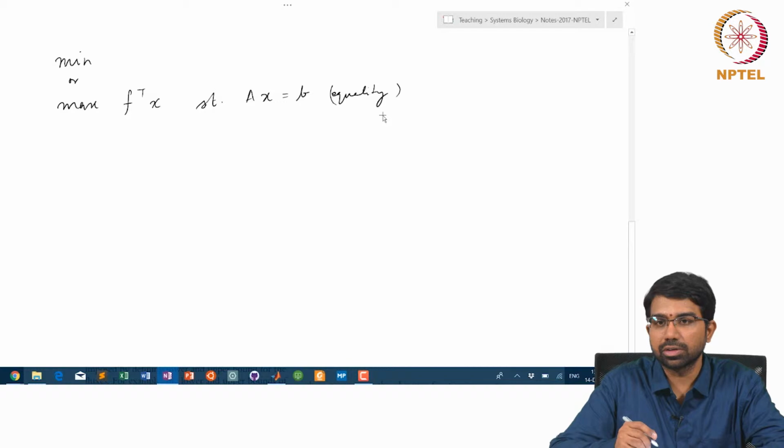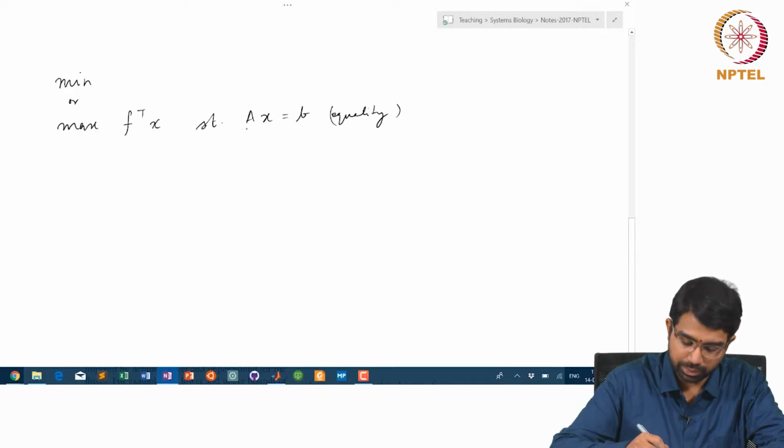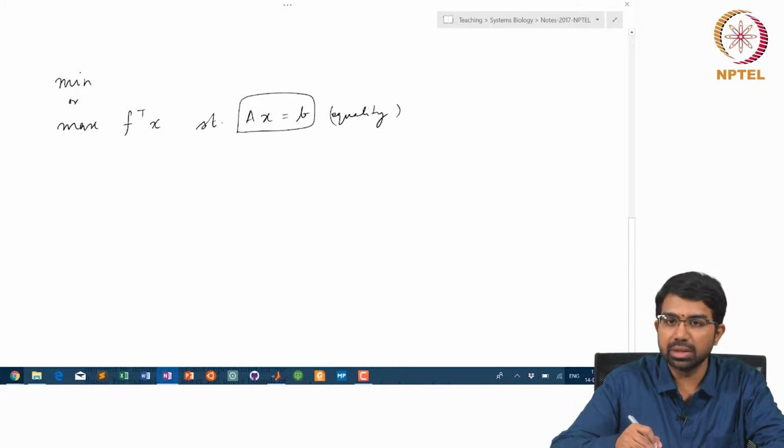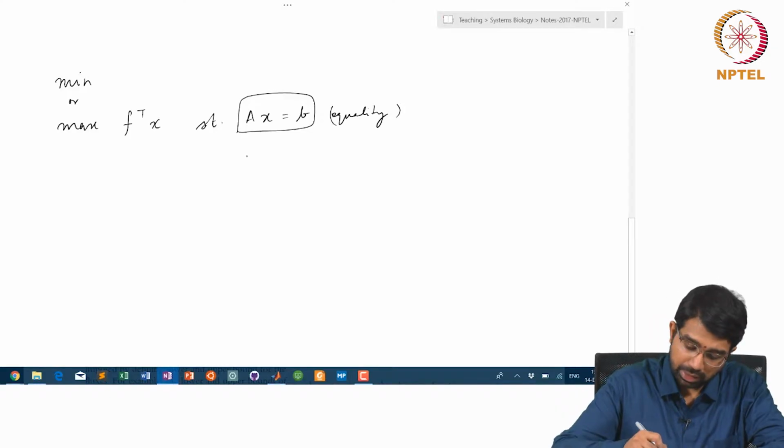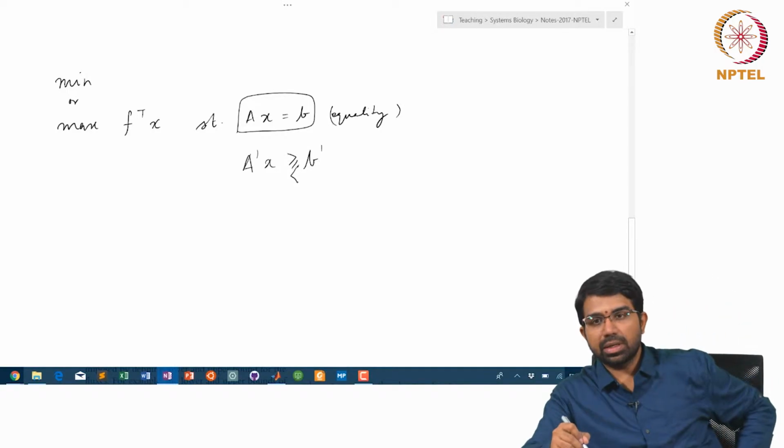So, here f is the objective function, A is your matrix, and this is basically your linear system of equalities. You can also have some inequality constraints.